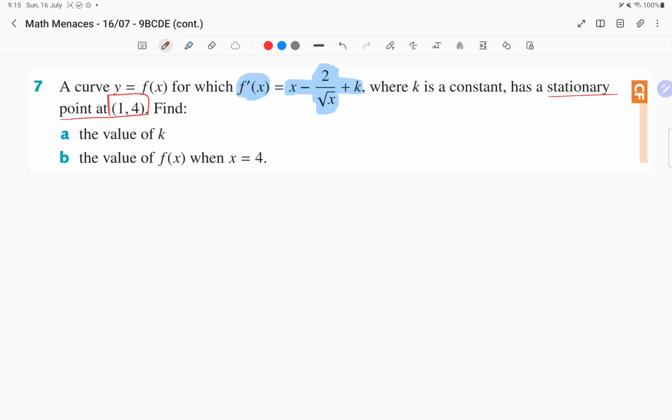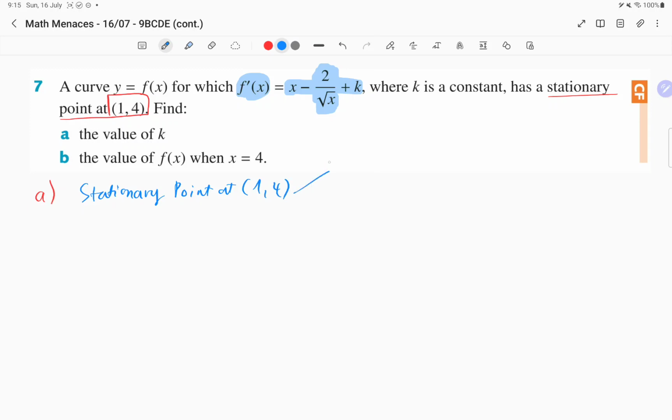How do we use this information to find k? Well, stationary point has, okay, there are a few ways to interpret this one piece of information. So stationary point at (1, 4). You can actually deduce 2 pieces of information from this.